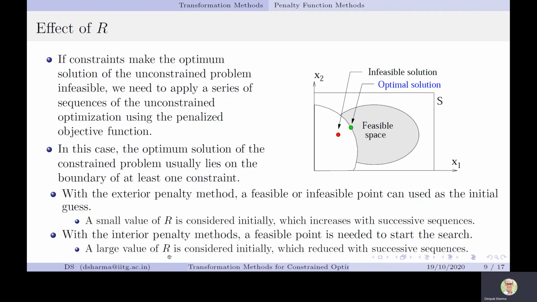We generally take a value of r very large at the beginning, and we keep on reducing the value of r in every sequence. So what you can see is that if I'm considering the exterior penalty method, whether the point is feasible or infeasible, it doesn't matter, it will take care of it. However, for interior penalty methods, we have to start with a feasible point all the time. And therefore, exterior penalty methods are generally used with our techniques to solve an optimization problem.